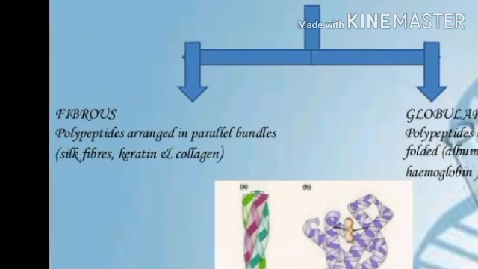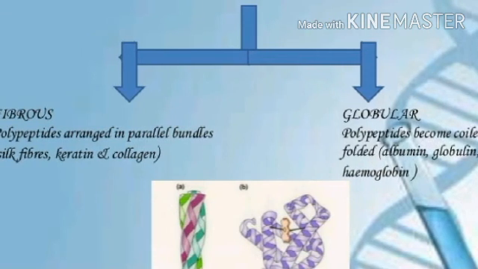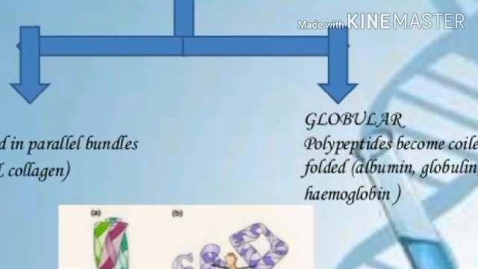For example, silk fiber, collagen fiber, keratin fiber, etc. In globular protein, polypeptide molecules are coiled and folded upon themselves to form a complex protein. These are albumin, globulin, or hemoglobin molecule.